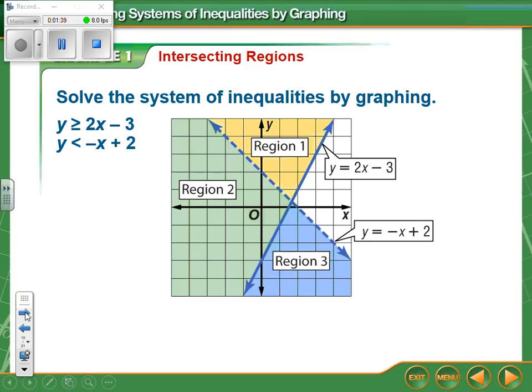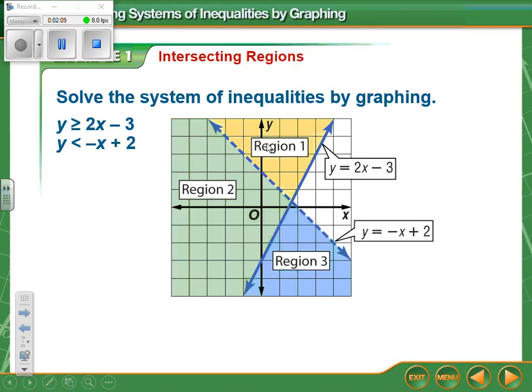So when we graph y equals 2x minus 3, since it's a greater than or equal to, we shade above, if we shade it in yellow, above this solid blue line. And then for y less than negative x plus 2, this dotted line represents negative x plus 2. And since it's a less than, we would shade below in kind of a blue.